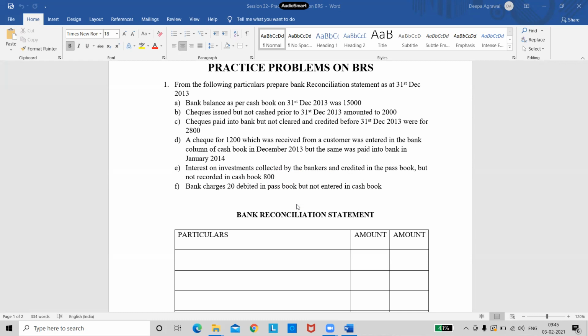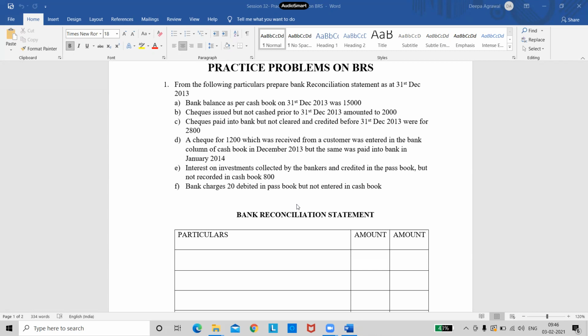Can Anita explain me what does this transaction mean? Checks paid into bank but not cleared. Yes, Anita? Asha? Yes, ma'am, I'm there. Tell me what does this transaction mean? Explain me this transaction. It says checks paid into bank but not cleared. I want to know the meaning.